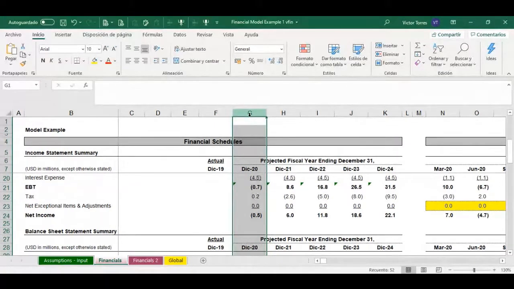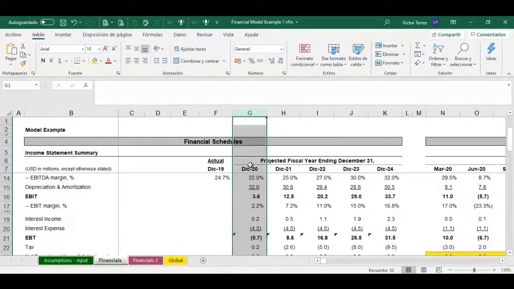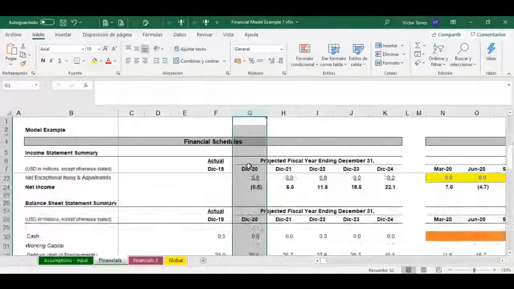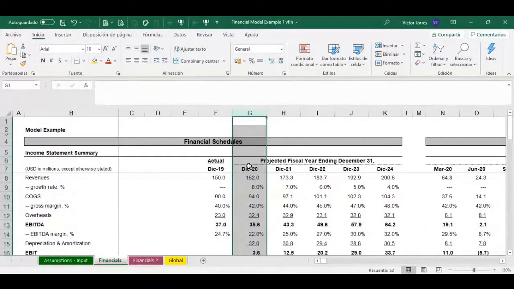So here we're talking about the year 2020 in the income statement, but also in the balance sheet and also in the statement of cash flow. Even if I have these in different tabs, I still need to consider this column as the projection for year 2020.